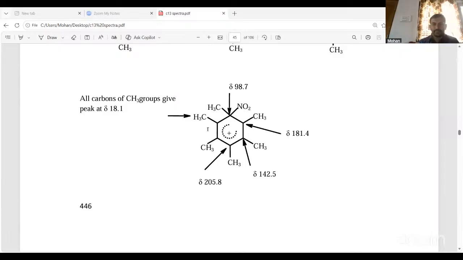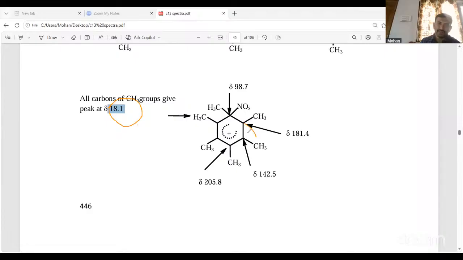And here at a particular point, right? They got all the carbons, all the carbon value at 18.1 here, right? So this is the very important step where they observe the carbon showing at a particular point, not at all points, at a particular point.